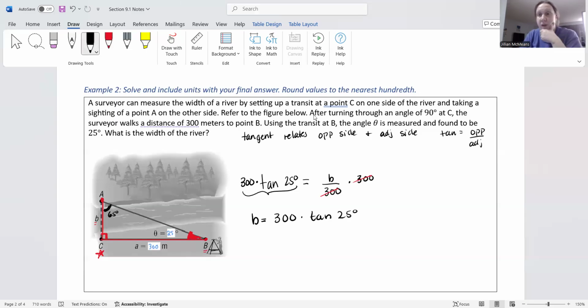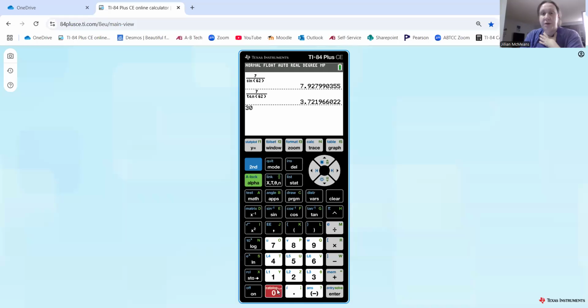So we want to take 300 times tangent of 25 degrees. Let's go back to our calculator. Now, I know I'm in degrees. Make sure you are too, okay? So we want to take 300 times tangent of 25 degrees. And if we round to 2 decimal places, we get 139.89.